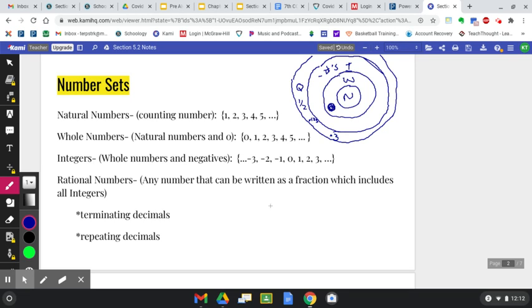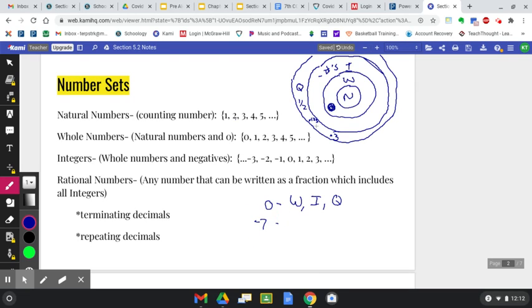Whereas if I say, okay, let's label the number 0. Well, it's not a natural number. A natural number starts at 1, 2, and goes on. It starts as a whole number, which also means it's an integer, which also means it's rational, right? So if I were going to list the sets of 0, I would say it's a whole number, it's an integer, and it's rational. Let's say that I have the number -7.